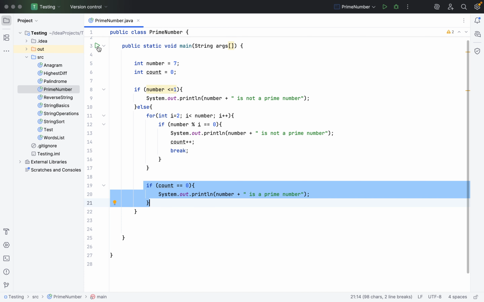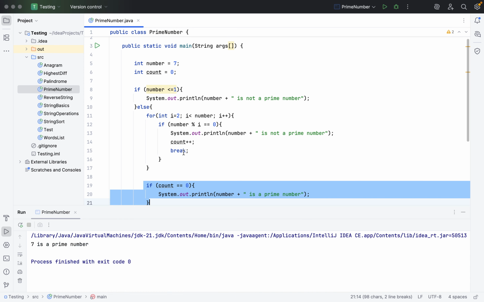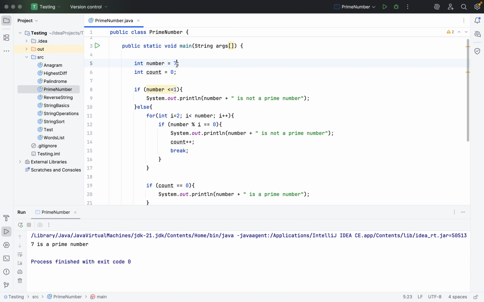Okay, so let's run this. 7 is a prime number. Let's look at 9. This is not a prime number because it is divisible by 3. Let's look at 1.